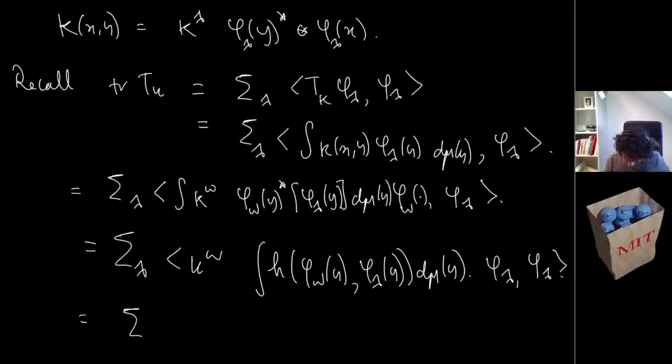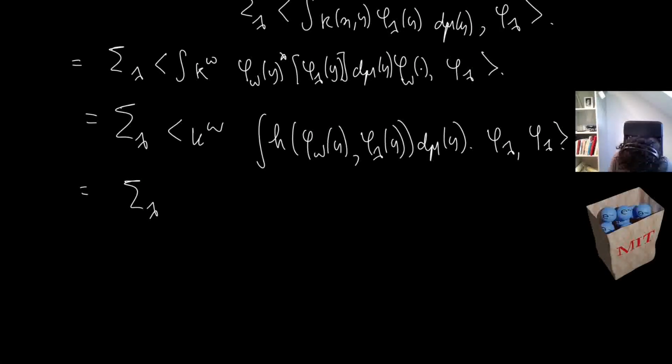So now what we have here is k_omega, and this is just the integral of phi_lambda. This turns back into a lambda because of this condition.